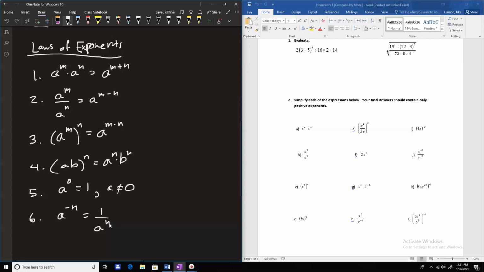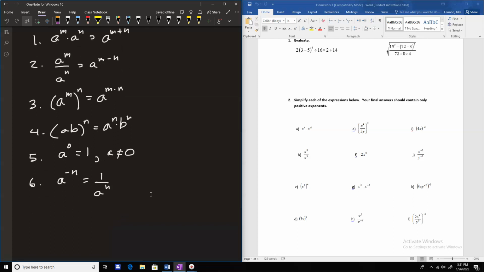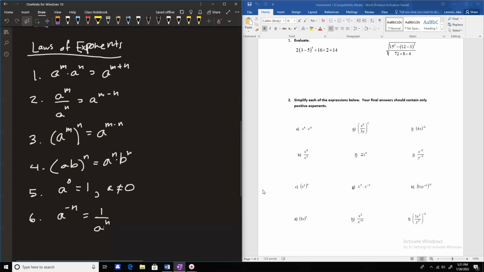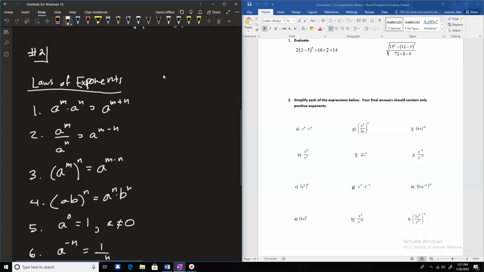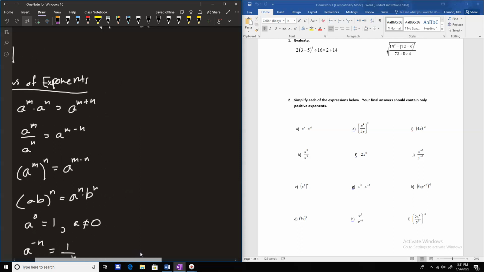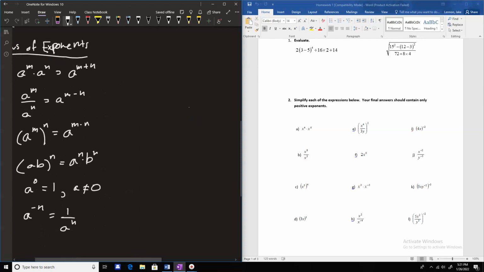So let's just pick a few random selections. So let's say number 2. So let me move this over a bit. Give yourself a little extra room. Why don't we start with e, let's say. So there you would have x to the 4th over 3y quantity squared.